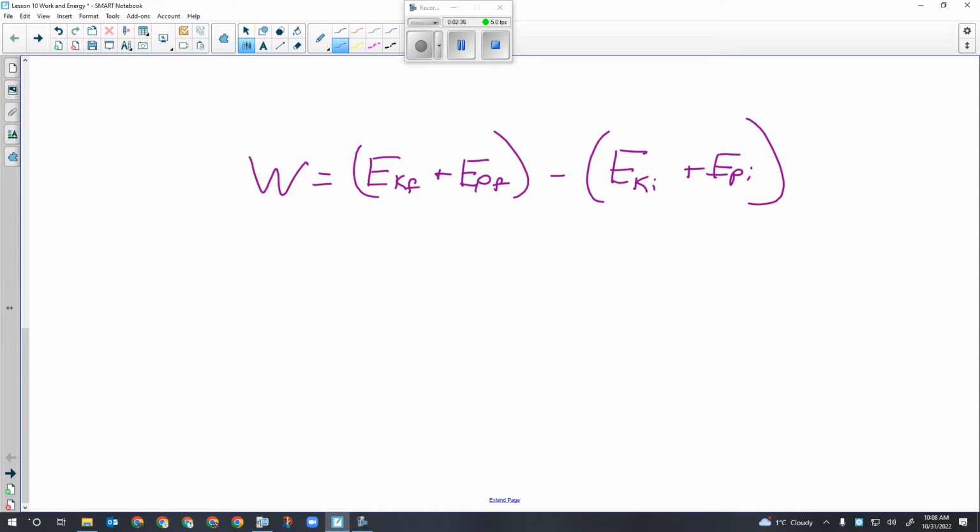That formula is not on your formula sheet. What's on your formula sheet is that work is a change in energy, and that's it. We have to understand that change in energy means that these things are changing. Everybody okay with that?